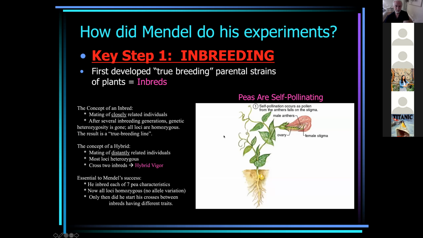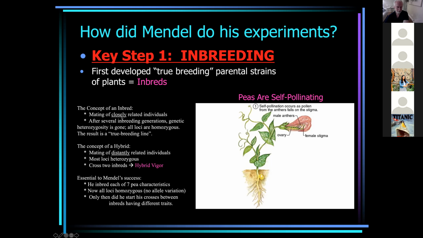Now, how did Mendel do his experiments? It's important you understand how he did it to know how he got his results. He first developed what are known as true breeding parental strains, also known as inbreds. So on the left here, what is an inbred?